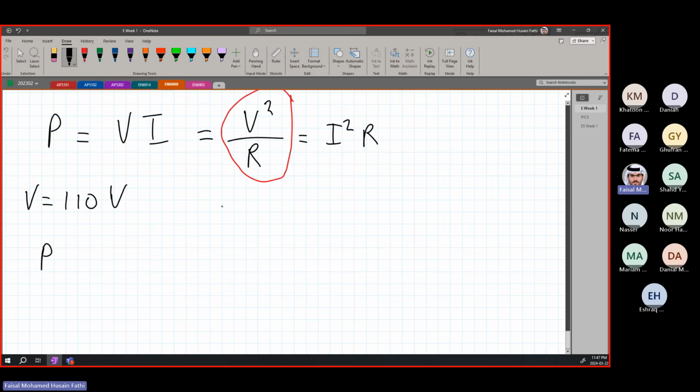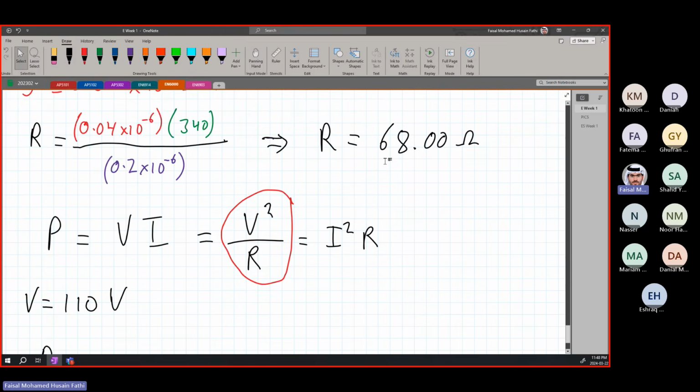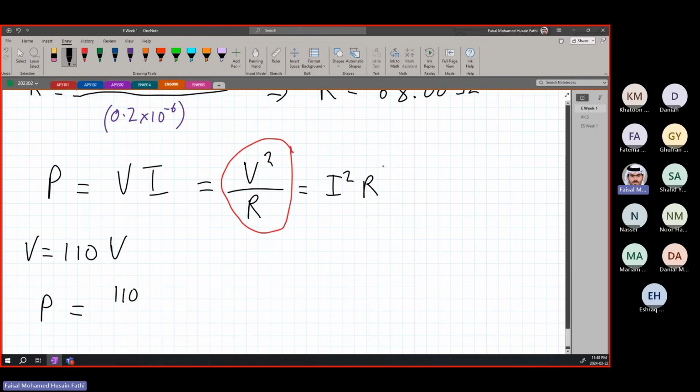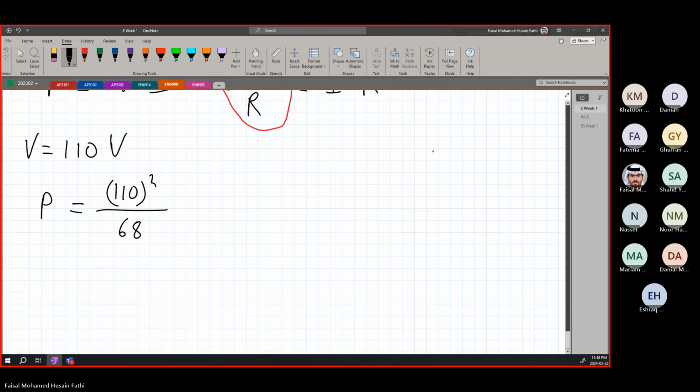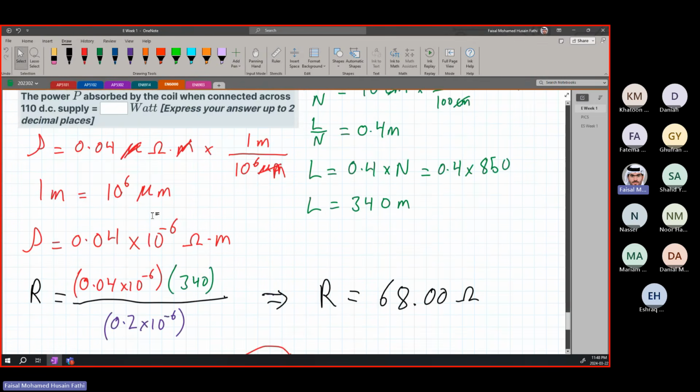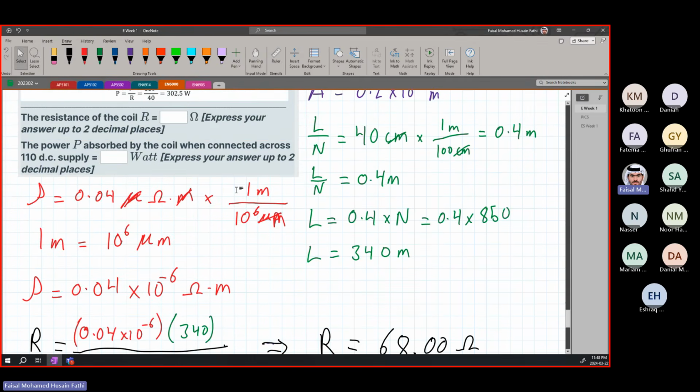So the power is equal to voltage squared over the resistance, which we already calculated earlier. It's 110 squared over 68 ohms, which is equal to 177.94 watts. And again, 2 decimal places because the question asks for 2 decimal places.